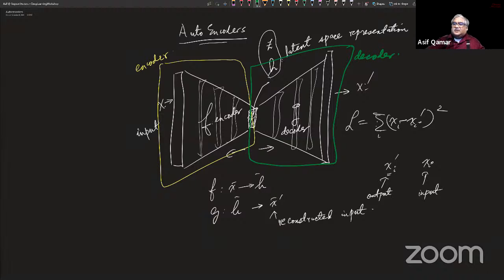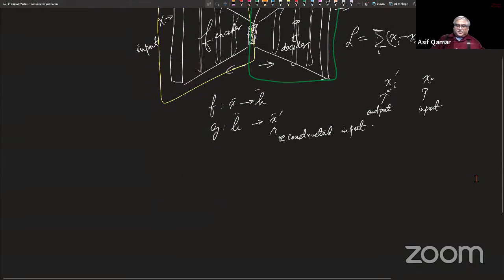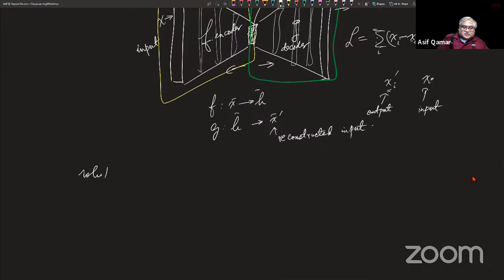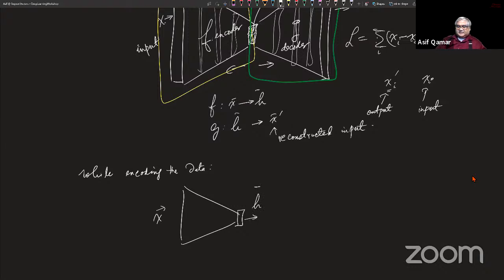Once the training is over, you can use the two pieces separately. For example, while encoding the data, suppose you're doing data compression or coming up with a hidden representation. You can just give X and H will be your output. And then if you so choose, you can store this value.